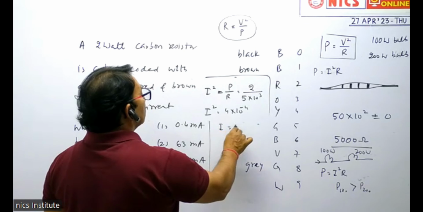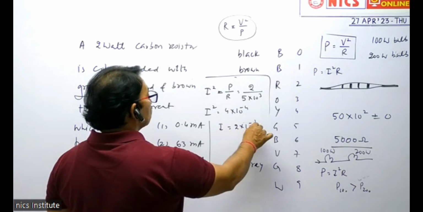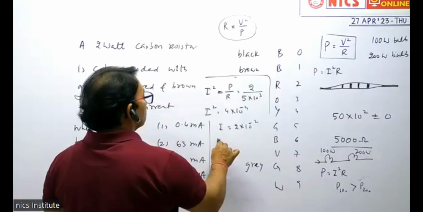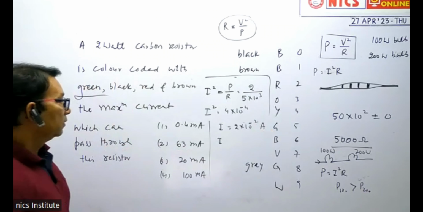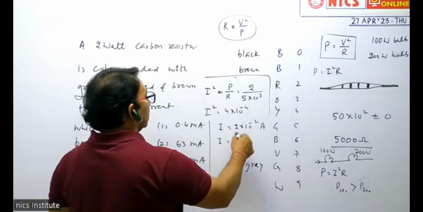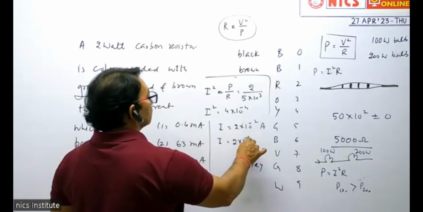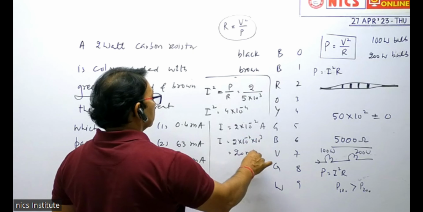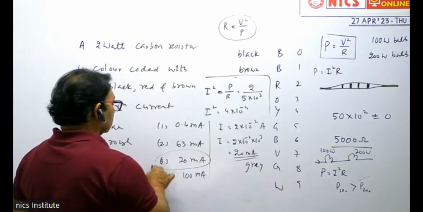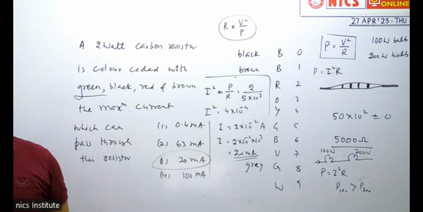I will be 2 into 10 to the power minus 2 ampere. So how many milliampere? Multiply by 1000, and it becomes 20 milliampere. Right? Option third is the correct answer.